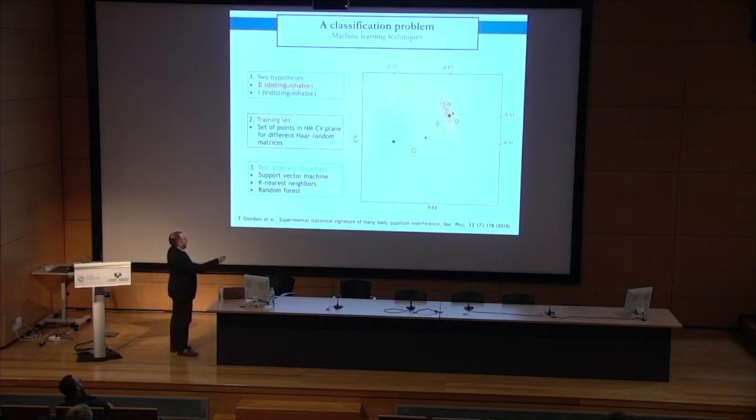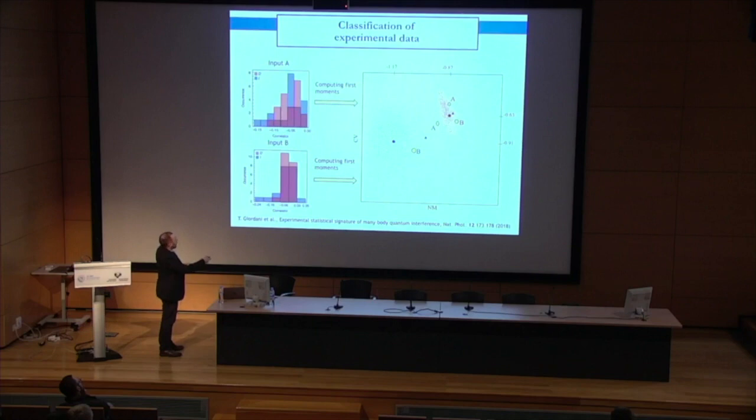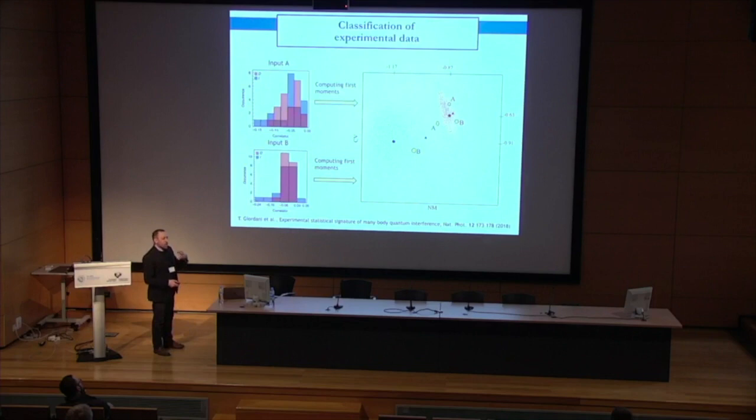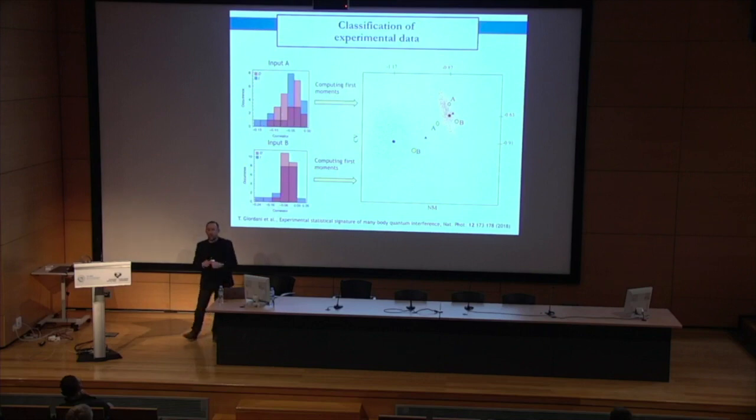And this is the result that you observe in the following plot, where you have on one side the dynamics that you obtain with indistinguishable particles, on the other side the dynamics that you obtain with distinguishable particles.